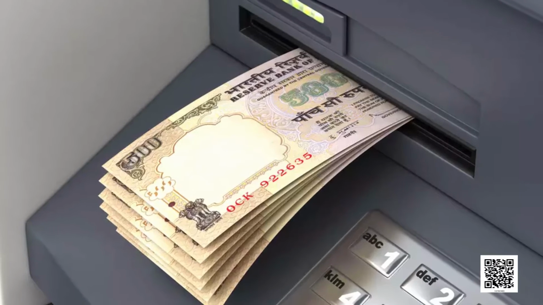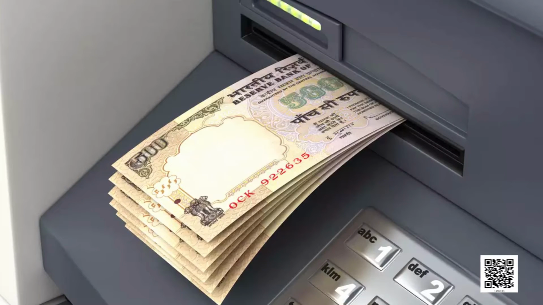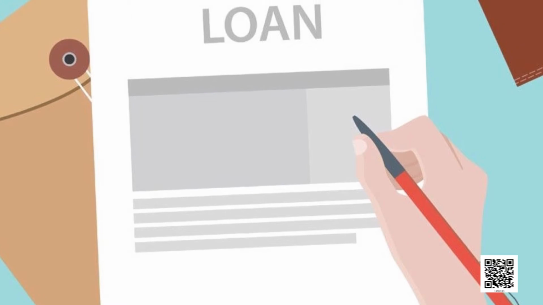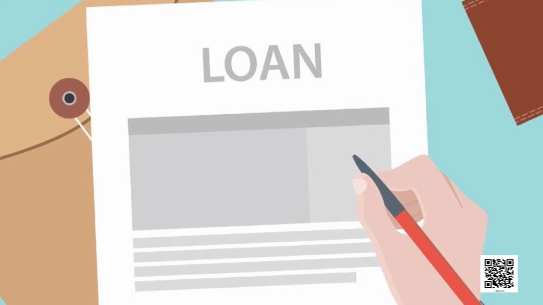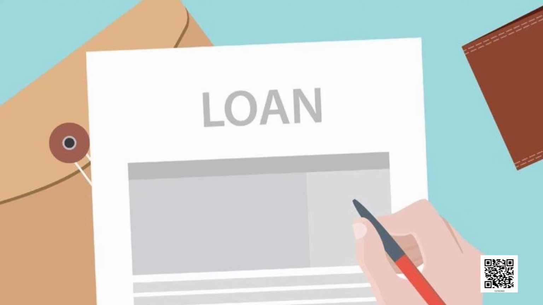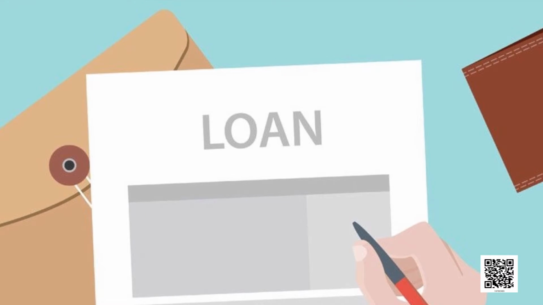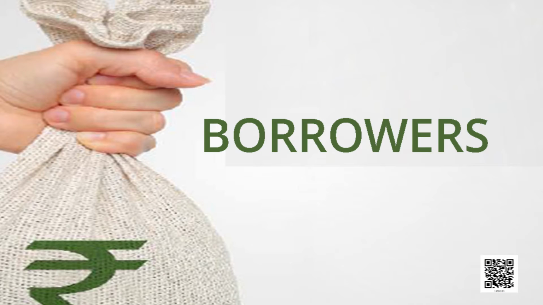Banks use the major portion of the deposits to extend loans. There is a huge demand for loans for various economic activities. We shall read more about this in the following sections. Banks make use of the deposits to meet the loan requirements of the people. In this way, banks mediate between those who have surplus funds, who are depositors, and those who are in need of these funds, the borrowers.